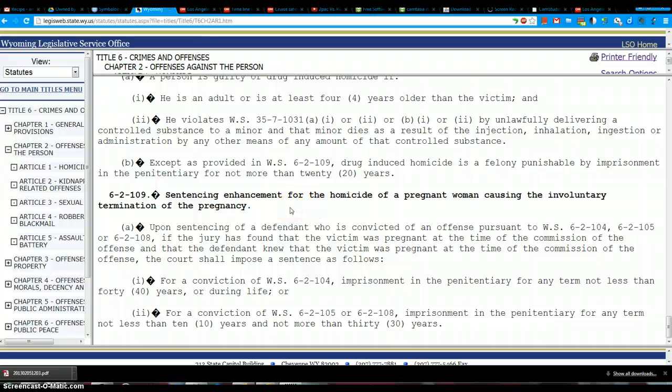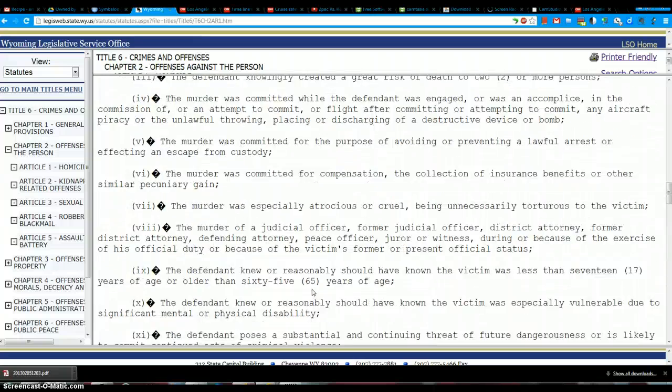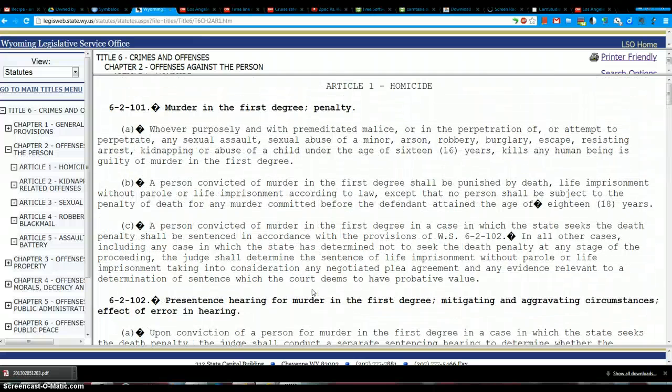But if someone's convicted of one of the lesser forms of homicide and they knew that the victim was pregnant, they get some sentence enhancements that are mandatory. So, depending on how you count, there are 7 different types of homicide in Wyoming. So there's not just murder. And you'll be surprised at what some of the penalties are.